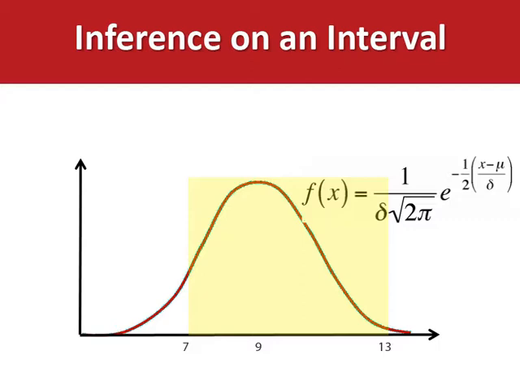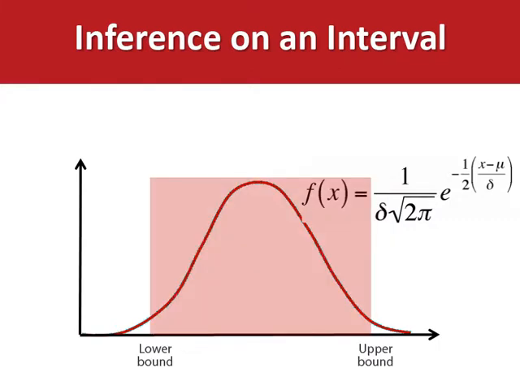Now, in addition to calculating probability given an interval, we can work backwards and calculate the interval given the probability. So say for example we have a policy of meeting 95% of customer demand from stock. What we need then is a 95% confidence interval.